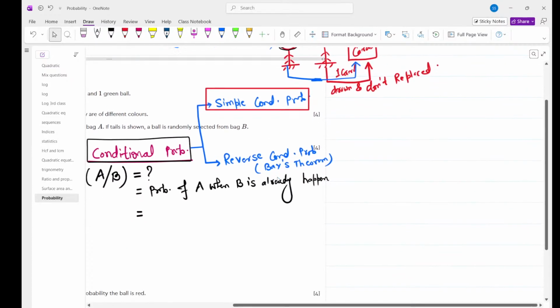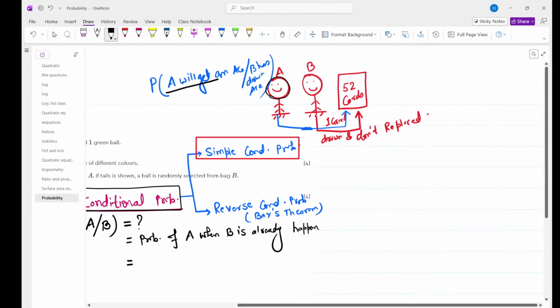Now see this reverse situation. First B goes and second A goes. Now suppose I'm giving you the final event.